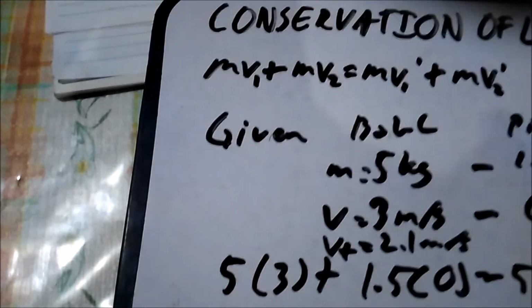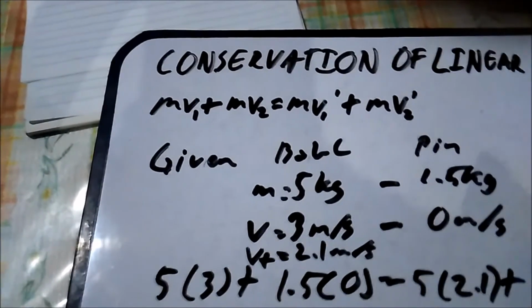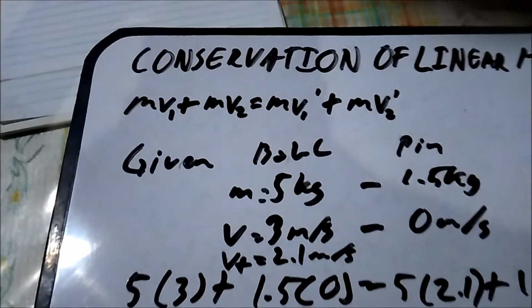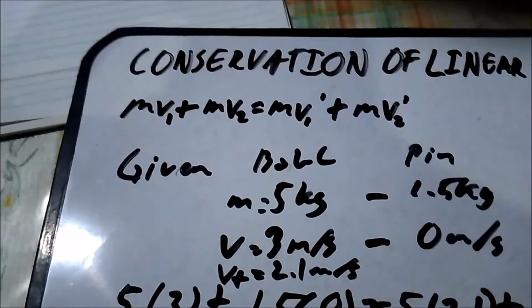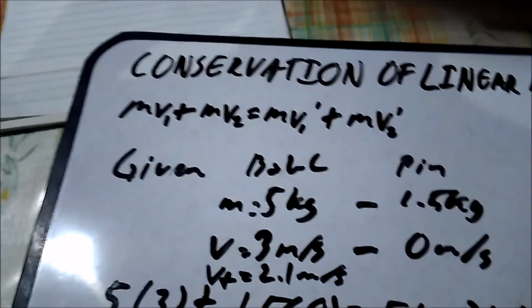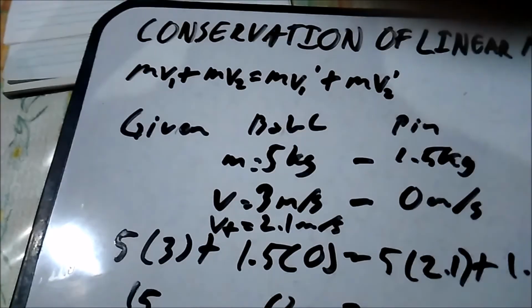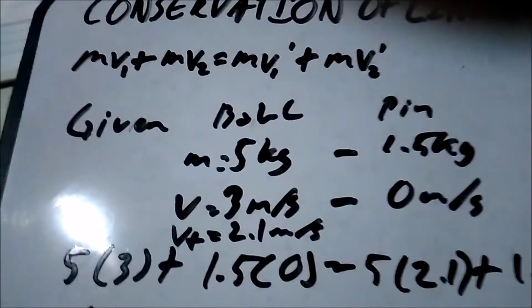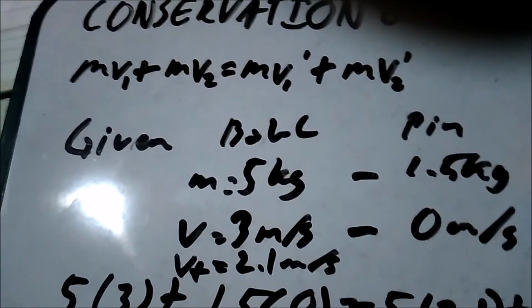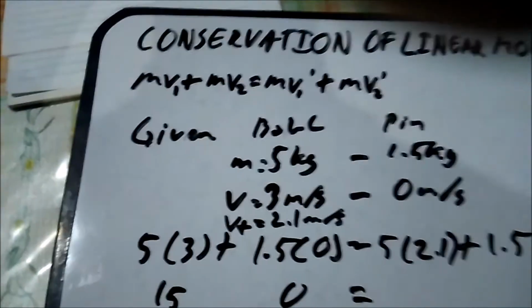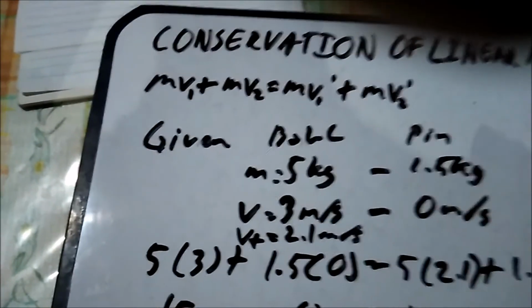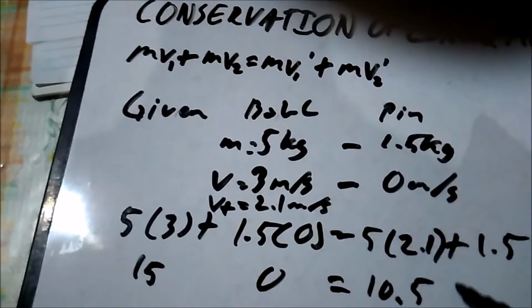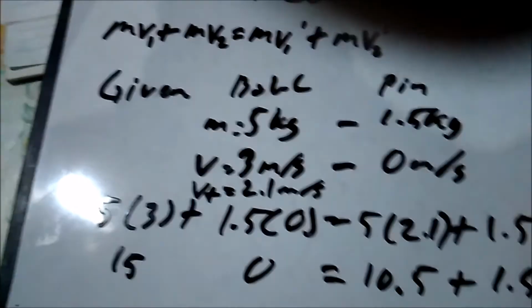He threw a bowling ball. So this is 15, and clearly this is 0. This should be 10.5, plus the velocity final.